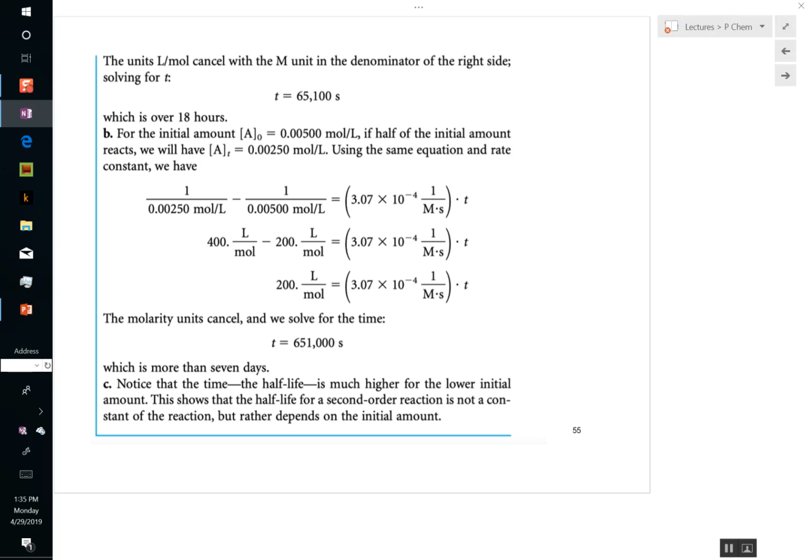Uranium has a very high half-life. It doesn't matter how much uranium you start with, it's going to take 1,000 years to have half of it. But here, it does matter what you start with. How long it takes to get to that concentration is a variable in calculating that number. So don't just think half-life applies to every kinetic reaction the same way.